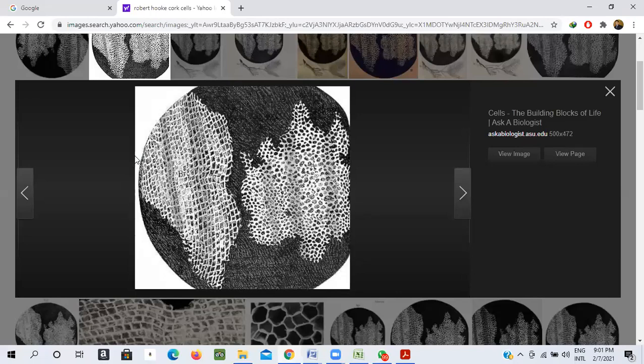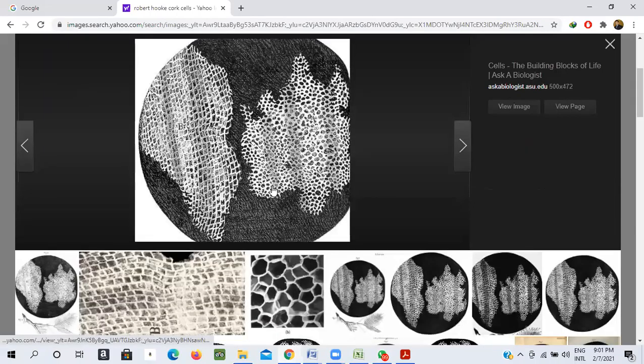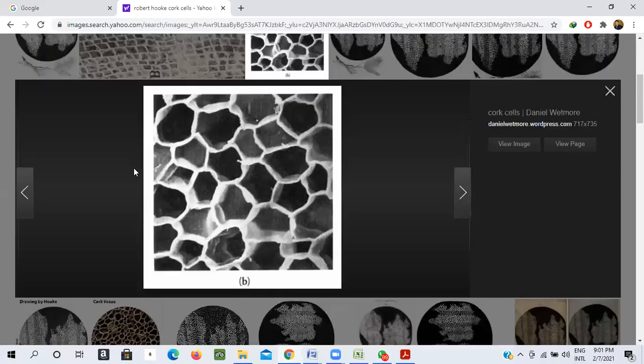Do you feel that one as a beehive? The same feeling came to Robert Hooke also. When he looked closely at this, he felt that they were like cages.